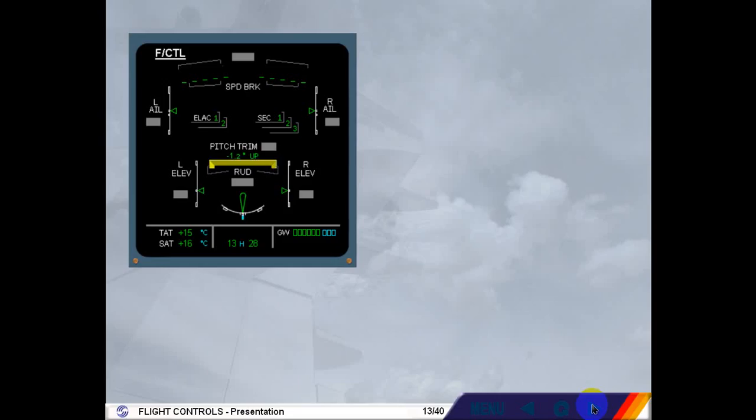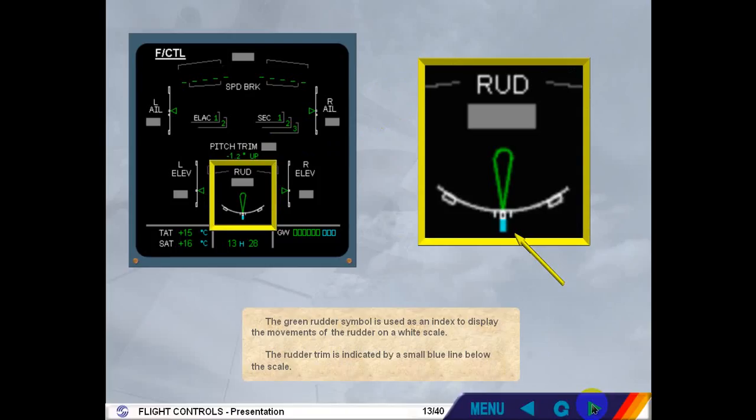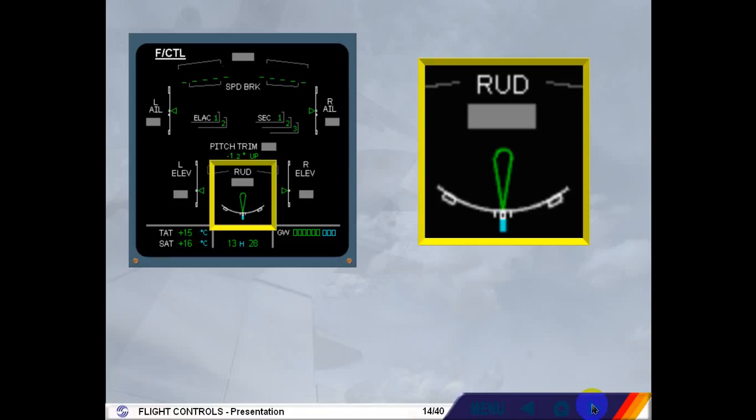The green rudder symbol is used as an index to display the movements of the rudder on a white scale. The rudder trim is indicated by a small blue line below the scale. Note that the rudder and the pedal deflections are limited as a function of speed via a rudder travel limiter.